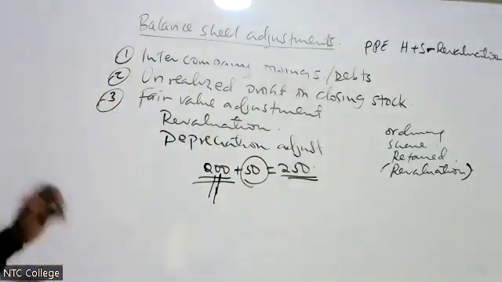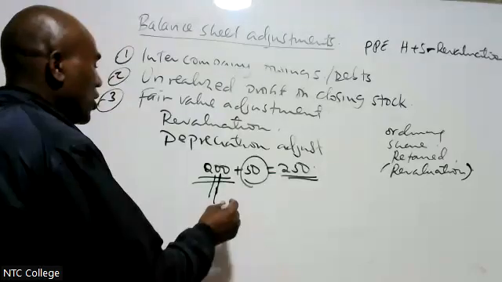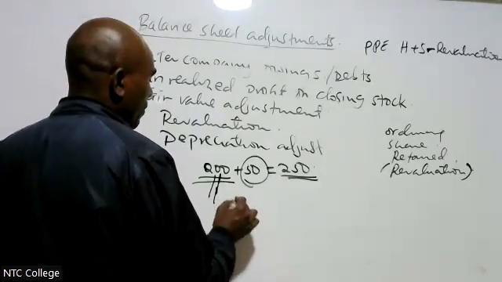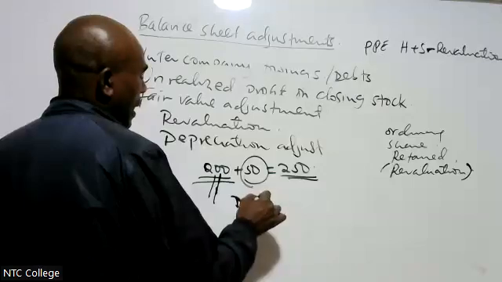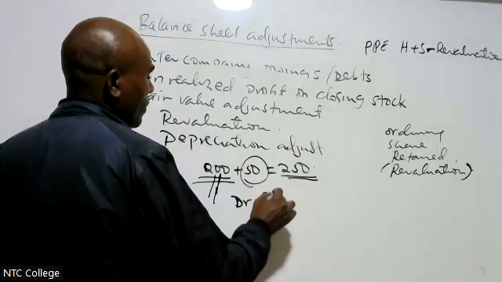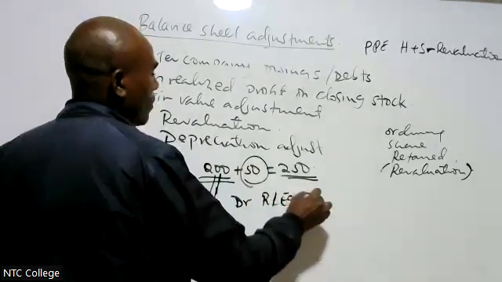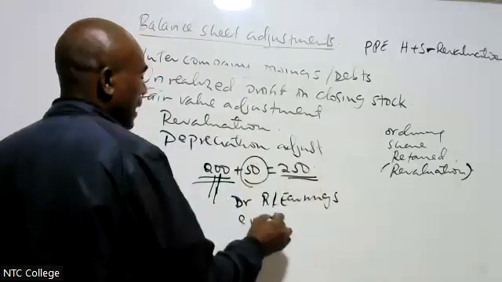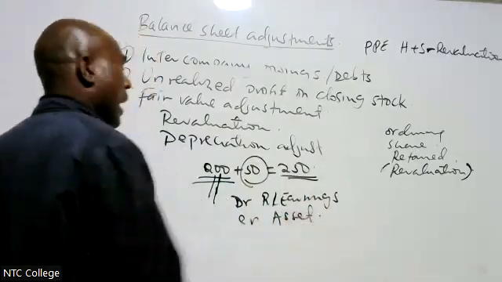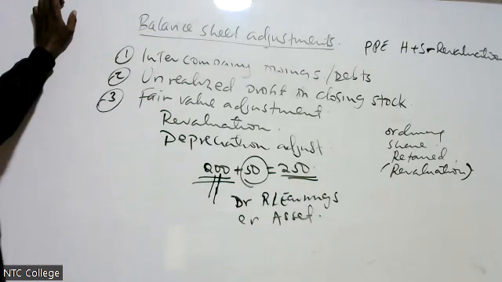Therefore, on consolidation, for depreciation, I'm going to debit retained earnings and credit the asset. I'm going to subtract it from the retained earnings, then I also subtract from the asset.